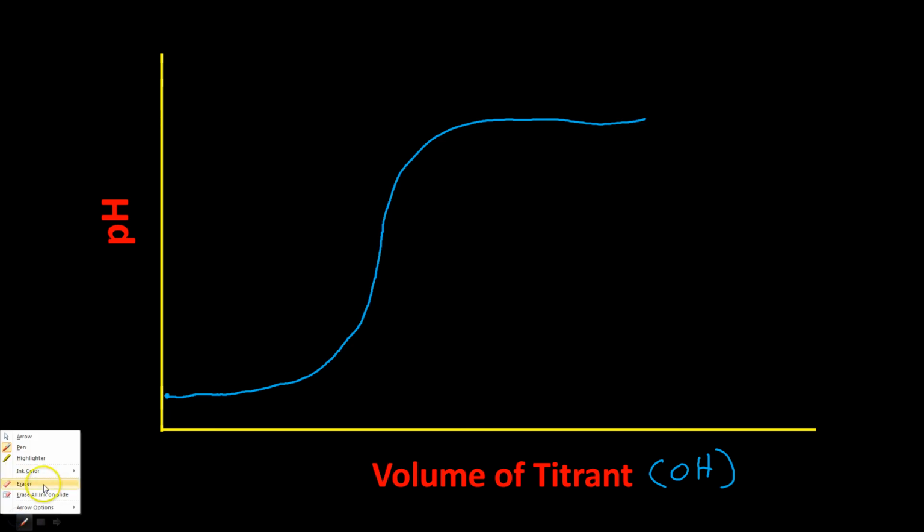And again, you would get an equivalence point. Right, and so this is just another way of looking at it. Again, we're not going to be doing this in our class, but all the principles of this titration can be thought of in terms of the other direction.